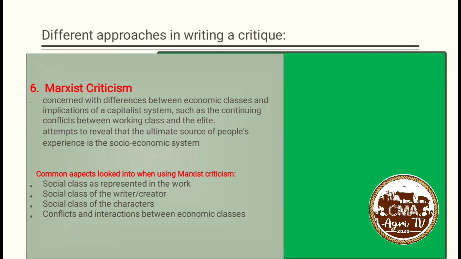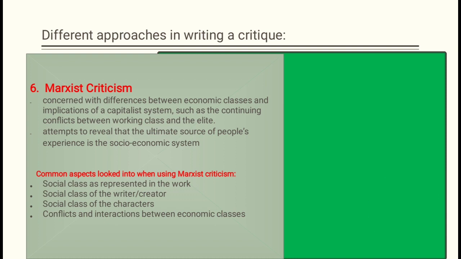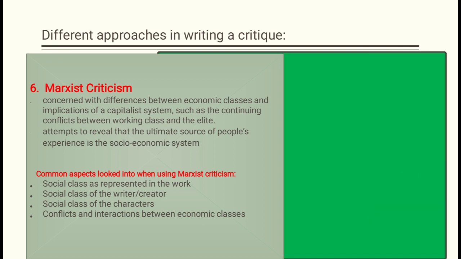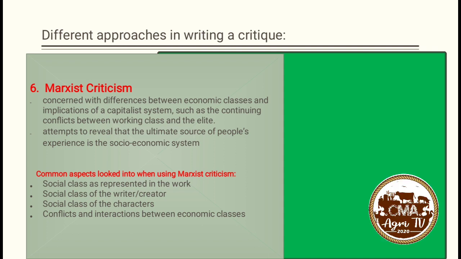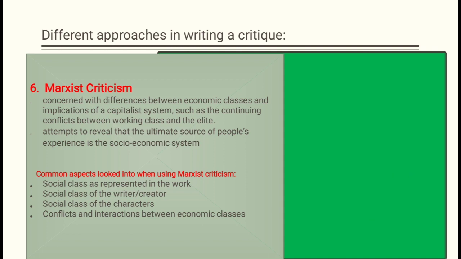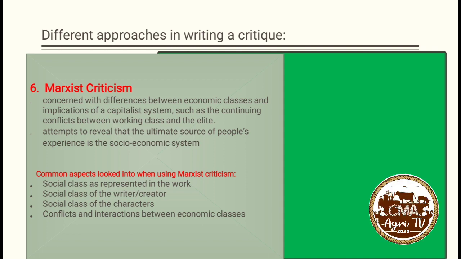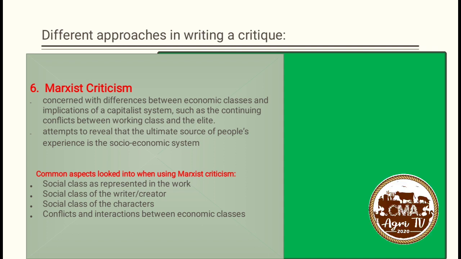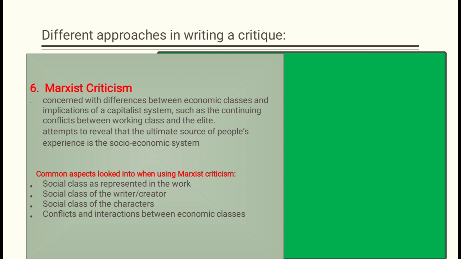And the last one is Marxist criticism. When we say Marxist criticism, it is concerned with differences between economic classes and the implications of the capitalist system, such as the continuing conflict between the working class and the elite. It attempts to reveal that the ultimate source of people's experience is the socio-economic system.